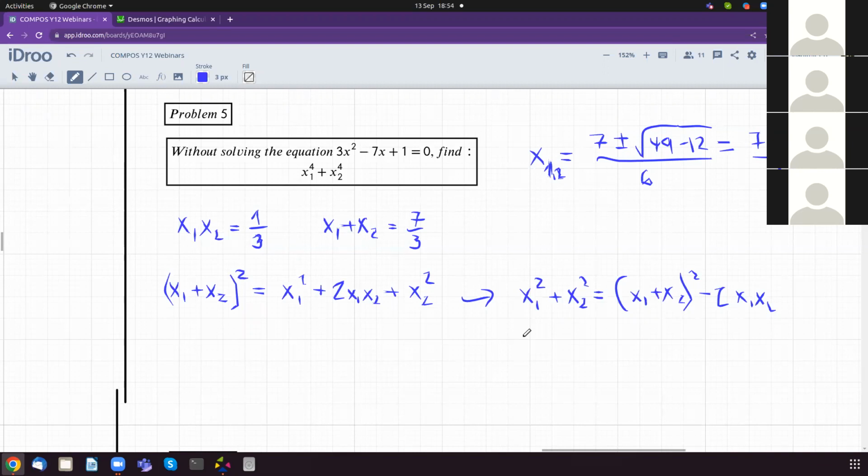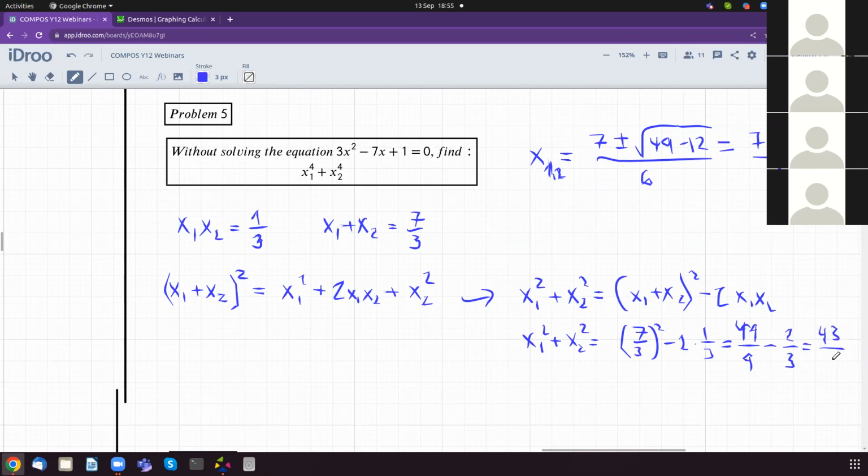And from here, I can actually calculate that. x1 plus x2 is 7/3, so 7/3 squared minus 2 times a third. So 2/3. So 49 ninths minus 6 ninths. So 49 minus 6, that's 43.